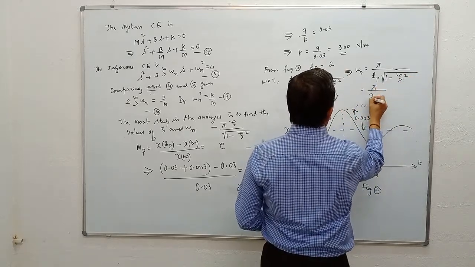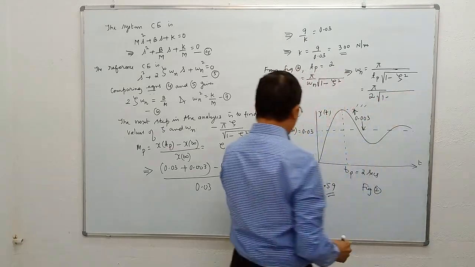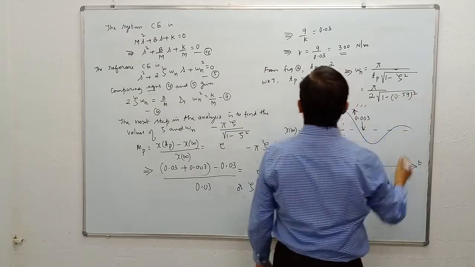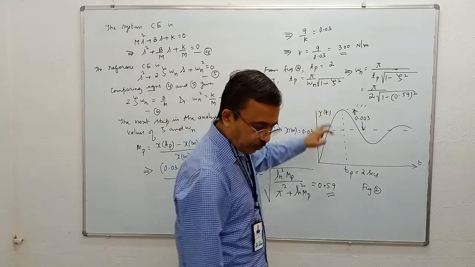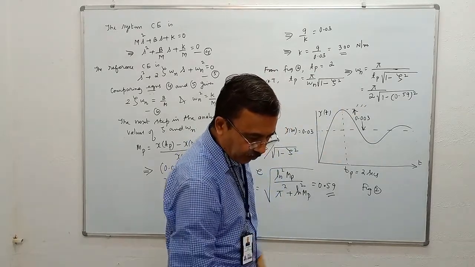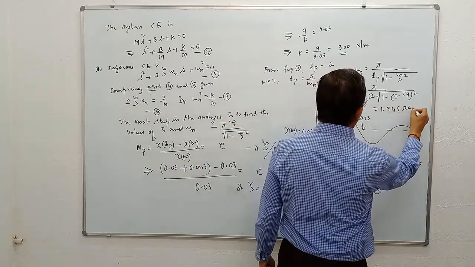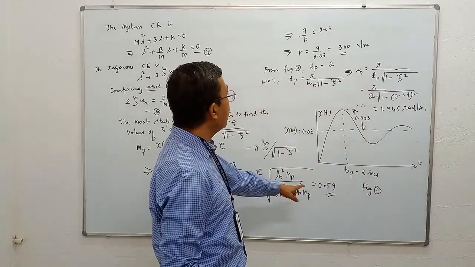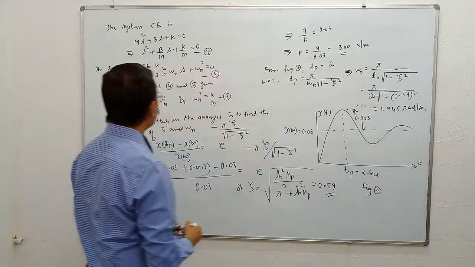So what is Tp? Tp is 2 seconds into square root of, what is zeta? Zeta is 0.59. 1 minus 0.59 whole square. So from here, using this expression, we can find omega n. The value of omega n is 1.945 radians per second. Now we know zeta is 0.59, omega n is 1.945 radians per second.